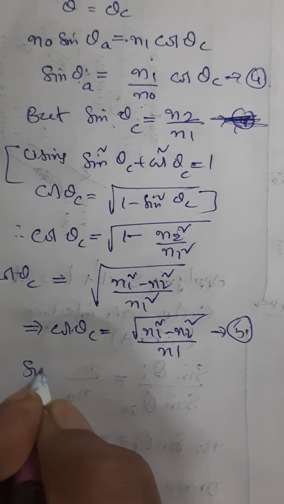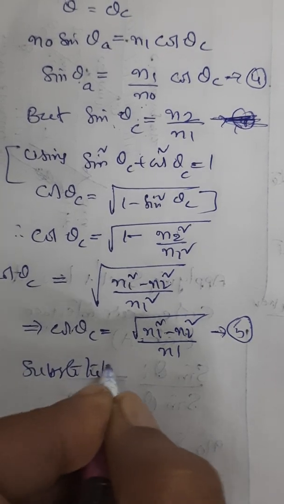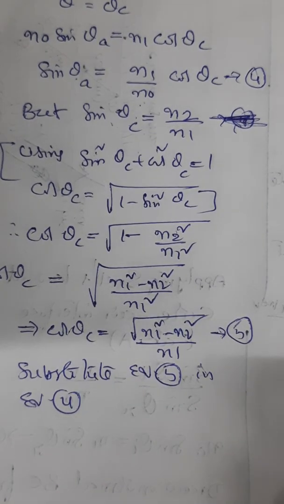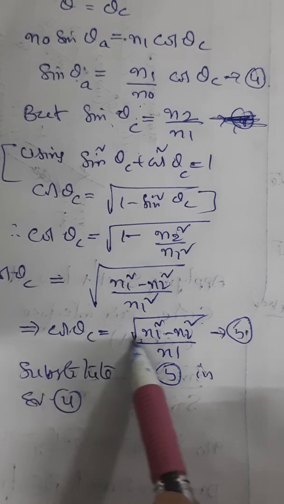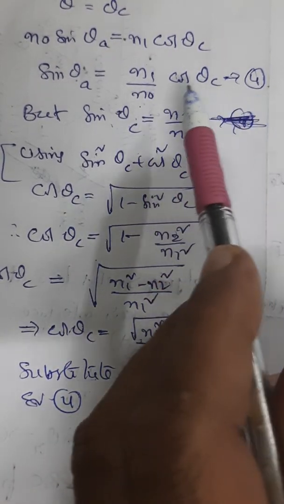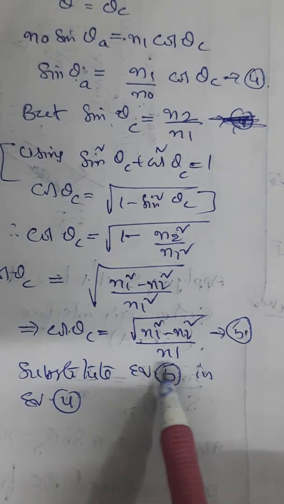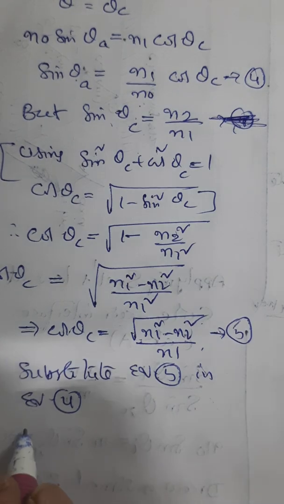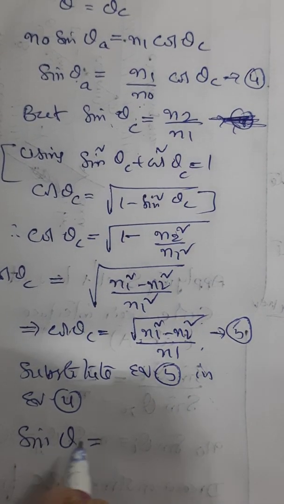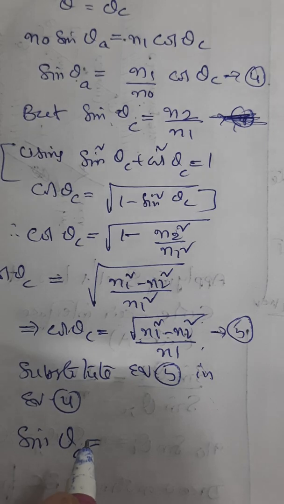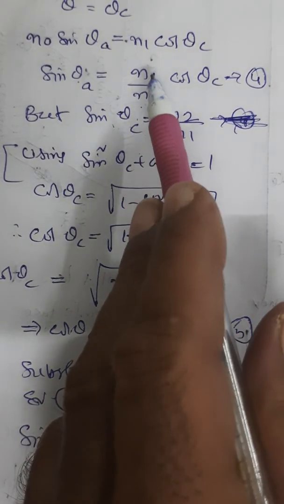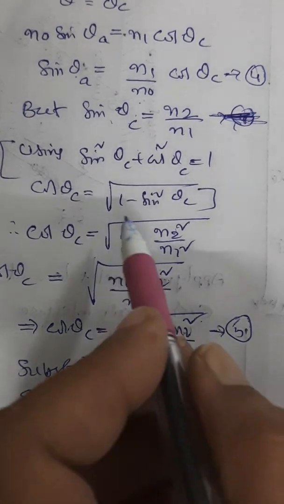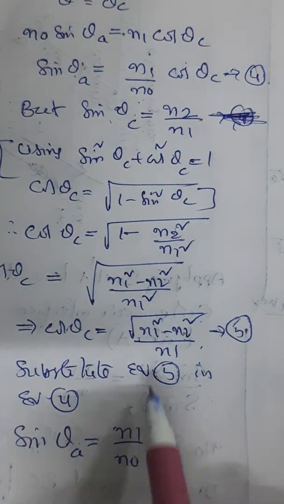So substitute equation 5 in equation 4. Equation 5 gives us cos theta C value, and equation 4 has cos theta C. So put this value of cos theta C here. What we will get? Sin theta A is equal to n1 by n0 into cos theta C. What is cos theta C?